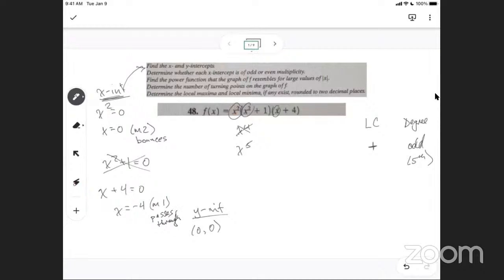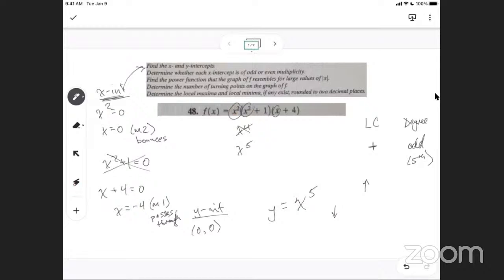Okay, and then it says, find the power function the graph of f resembles for large values of the absolute value of x. That power function is just x to the fifth. y equals x to the fifth is the power function it resembles for large values. That means it goes up to the right and down to the left. So as x goes to negative infinity, y goes to negative infinity, and as x goes to positive infinity, y goes to positive infinity.